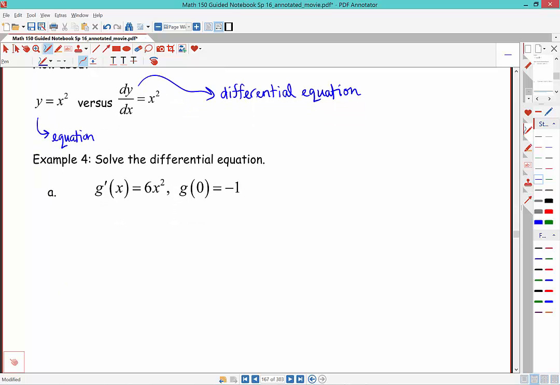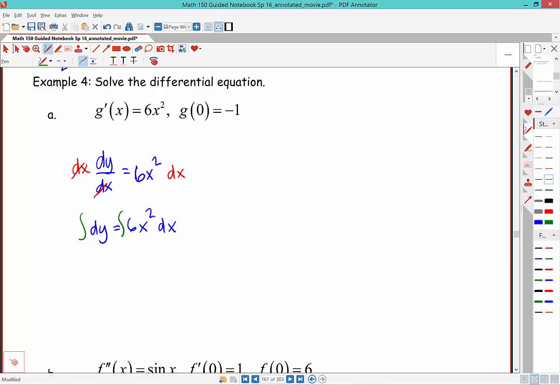Let's solve the differential equation. We've been given that g prime of x is 6x squared and g of 0 is negative 1. So let's write g prime of x as dy/dx equals 6x squared. And then what was the trick? Multiply both sides by dx, and then we get dy is equal to 6x squared dx. Then integrate both sides.